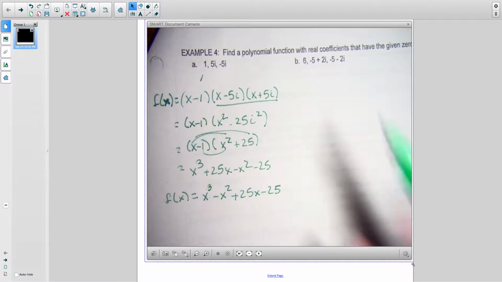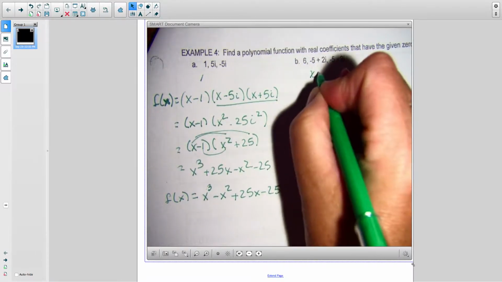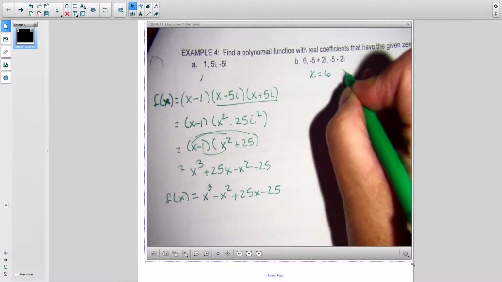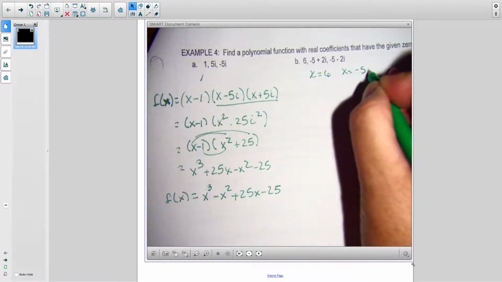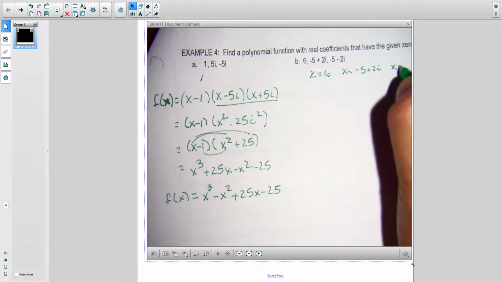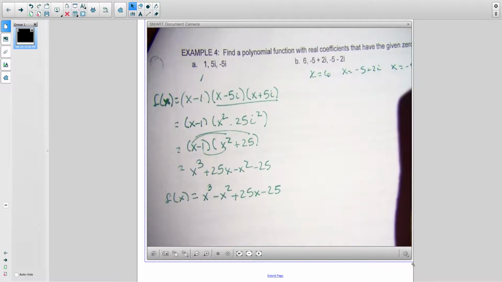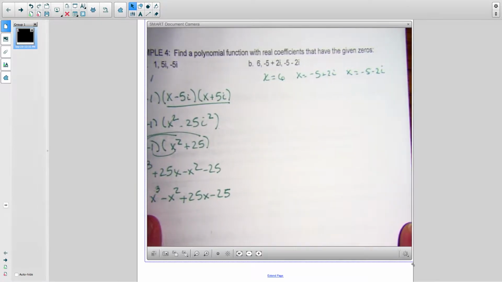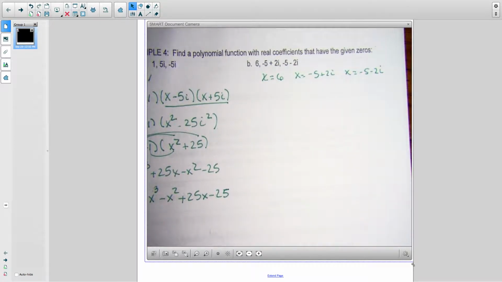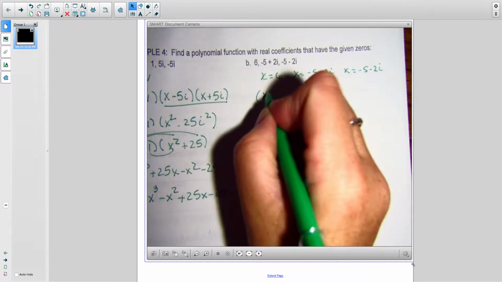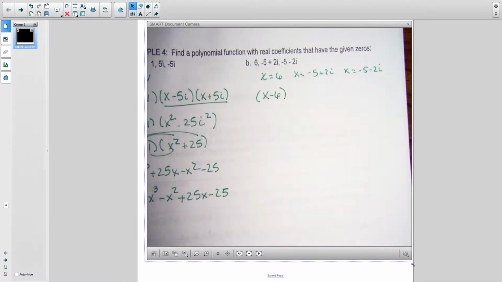I'm going to write this a little differently because remember when we solved, we set those factors equal to 0 and we got x equals. Now let's take these back. So that would be x minus 6 is a factor.